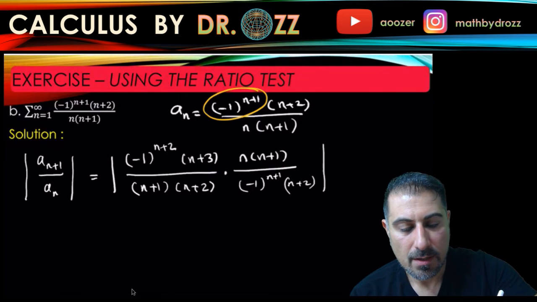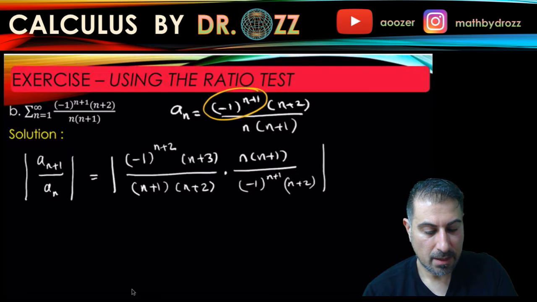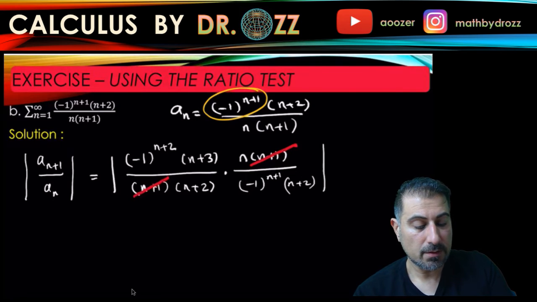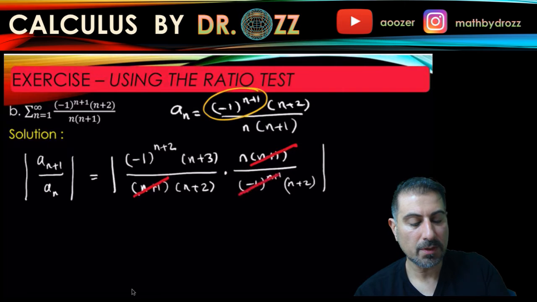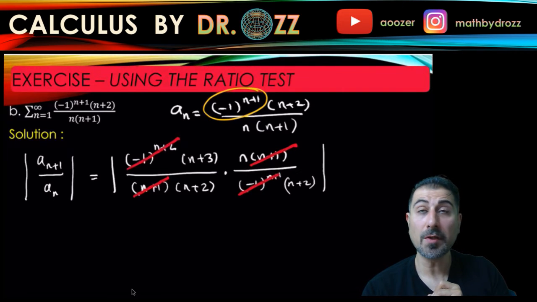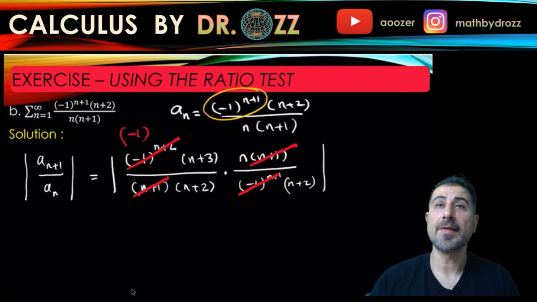So here is what's going on. I have n+1 here, canceling this n+1. This (-1)^(n+1) cancels this (-1)^(n+2), and then we are left with only -1.